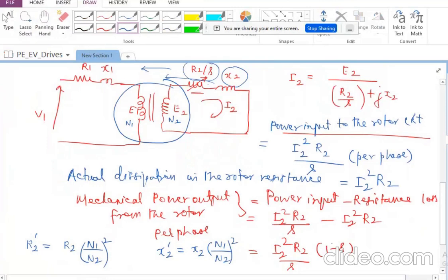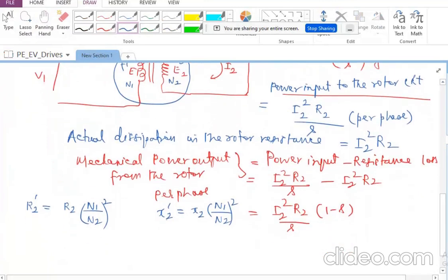Okay. So I should be able to combine these two. This is also at F1. This is also now at F1 because I have transferred the slip term by dividing S times E2 by S itself. So I have made this also stator frequency. This also is stator frequency. So all I need to do is to use the turns ratio and combine this equivalent circuit.